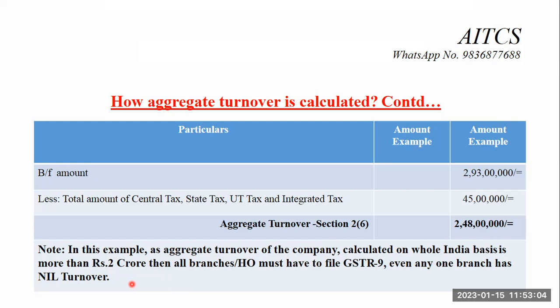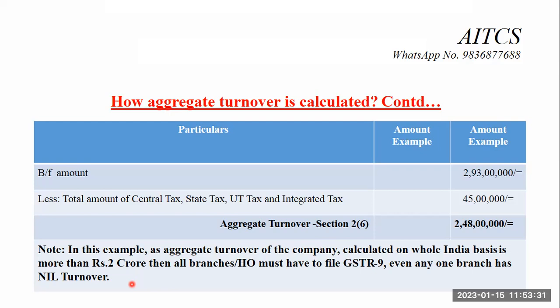The head office turnover is 2 crore 50 lakh and the branch office turnover is nil. As the aggregate turnover is more than rupees 2 crore, both of them have to file GSTR 9, even though the Mumbai branch has nil turnover. Hope that you have understood this.